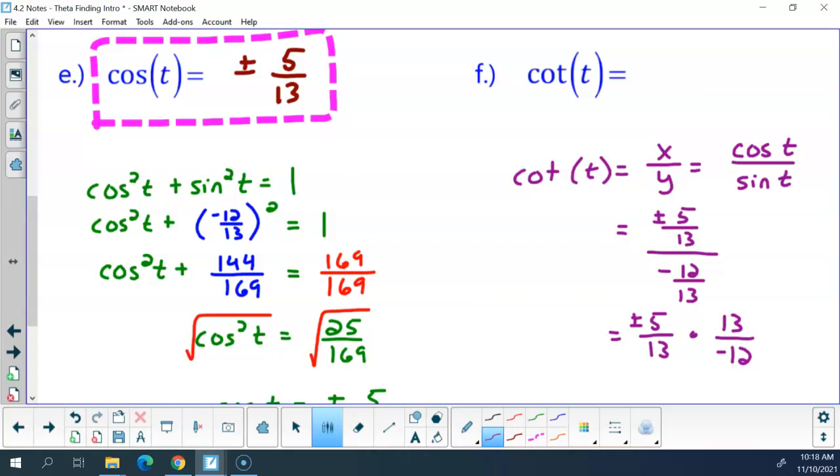The 13s, one's on top, one's on the bottom, go away. Which leaves me with plus or minus 5 over negative 12. If it's positive 5 divided by negative 12, that's going to give me negative 5/12. If it's negative 5 over negative 12, that's going to give me positive 5/12. So I could just simply say, instead of plus or minus 5 over negative 12, plus or minus 5/12.